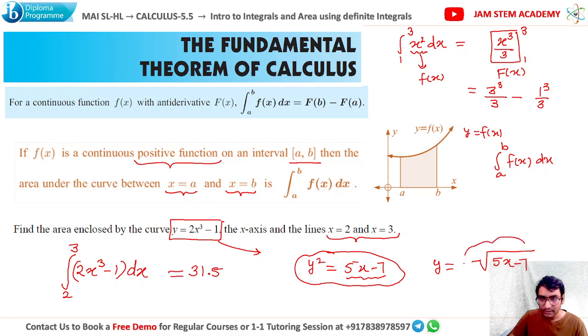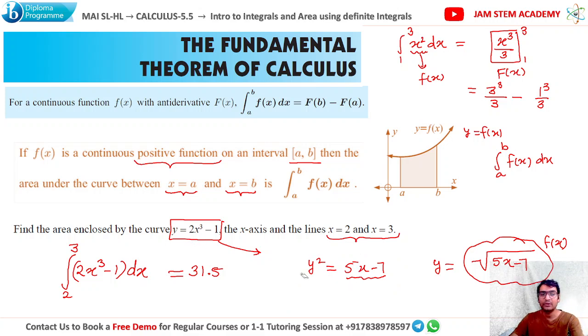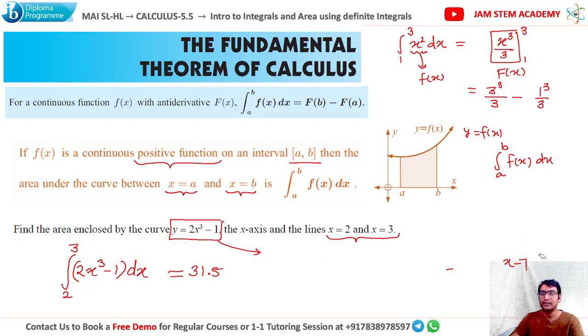But yes, this is going to be our f of x part. Okay, so is it clear to you? The expression will be given to you. You have to find the value of y from that expression in terms of x to get the f of x value, and then integrate it with the given limits to get the area under the curve for that equation of the curve with the x-axis from x equal to a to x equal to b.